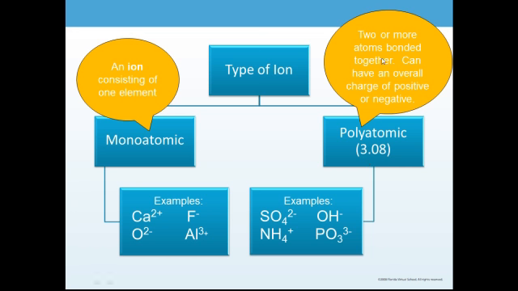Polyatomic ions are where we have two or more atoms bonded together. Kind of think of it like a family unit. We have two or more atoms that come together, and as a group they form a charge. With monoatomic or polyatomic, they could be positive or negative.